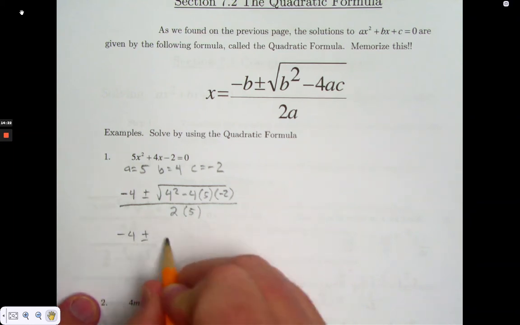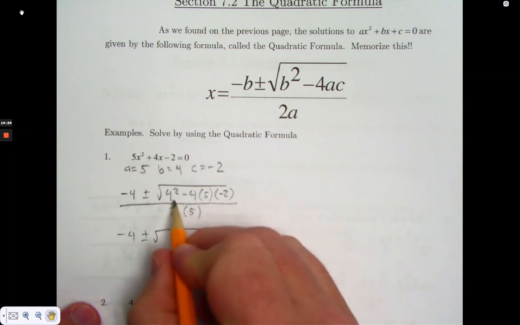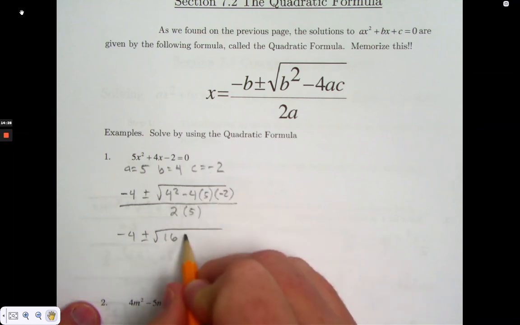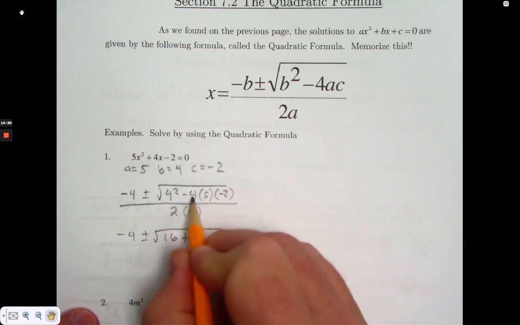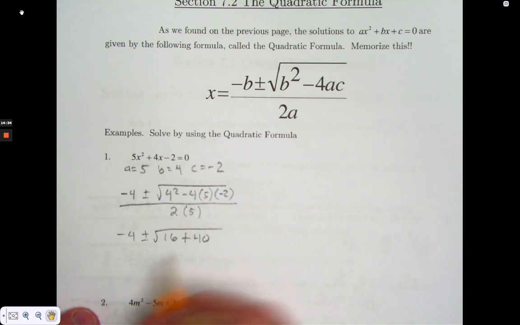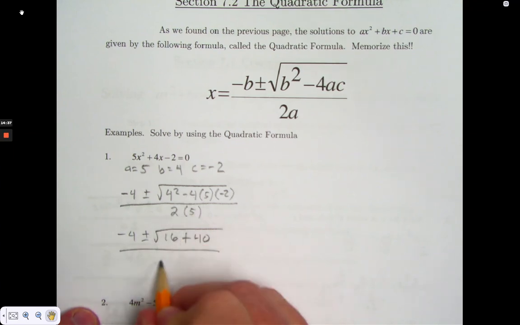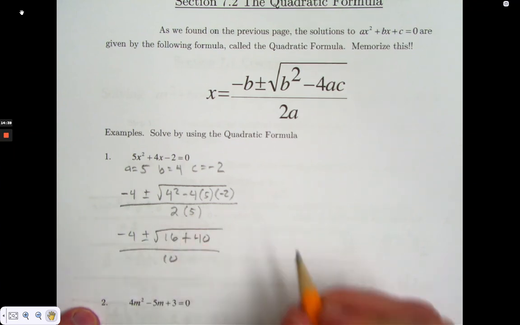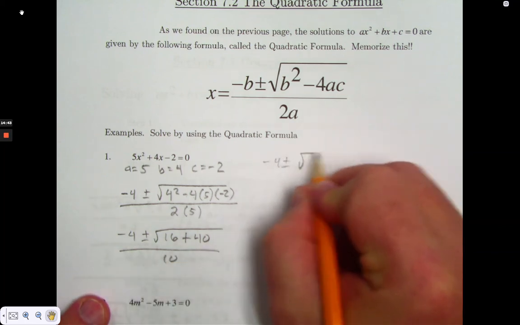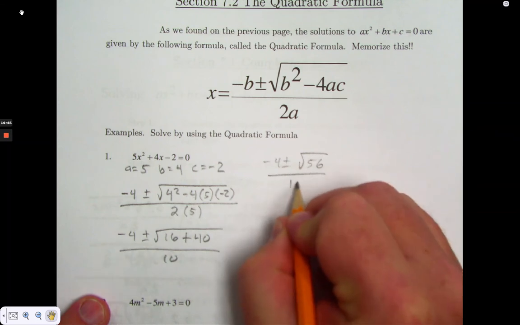I'm going to show out the steps. 4 squared would be 16. We have minus a negative, so this goes to plus. 4 times 5 is 20, times 2 is 40. All divided by 2 times 5, which is 10. So negative 4 plus or minus the square root of 56 over 10.